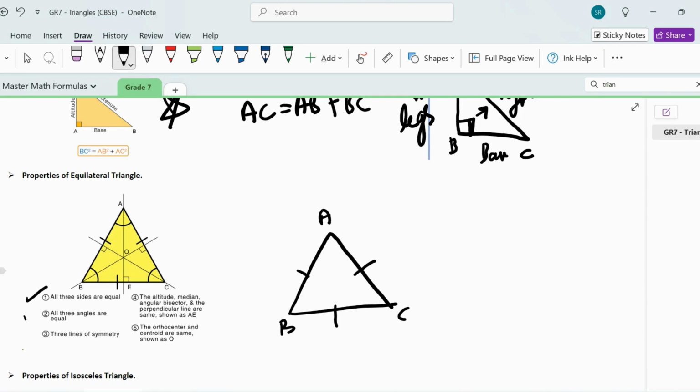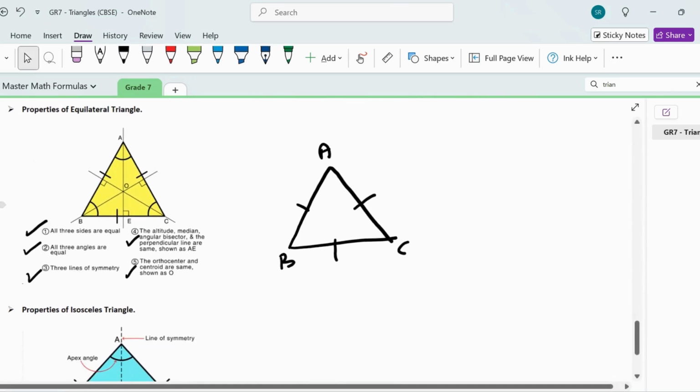All three angles are equal. It has three lines of symmetry. The altitude, median, angular bisector and the perpendicular bisector are the same. The orthocenter and the centroid are also the same. Orthocenter is the point where all the altitudes meet and centroid is the point where all the medians meet.